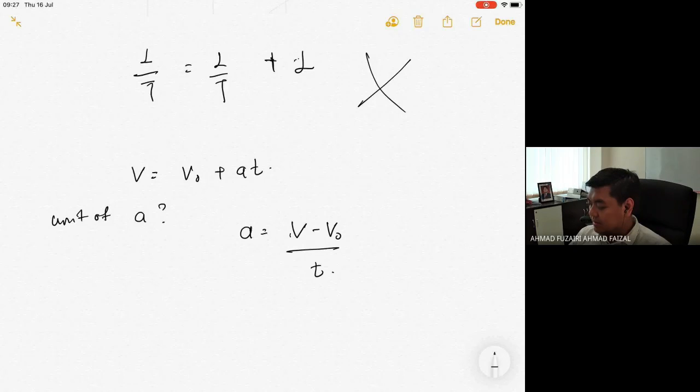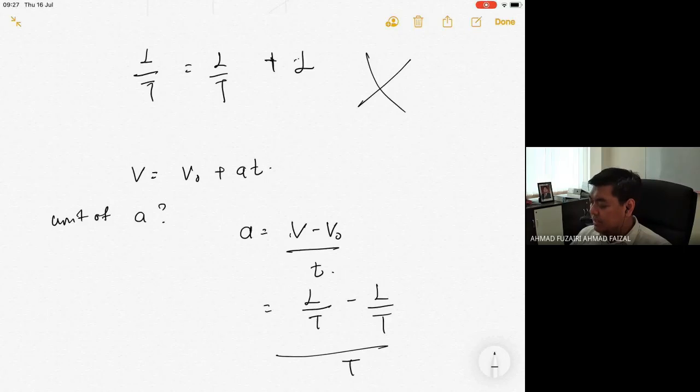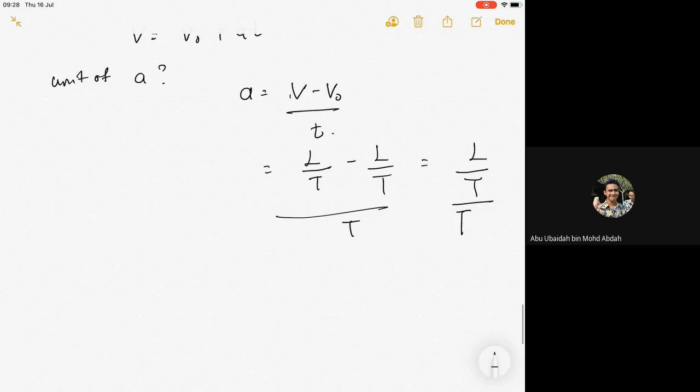Okay, so L over T. L over T tolak L over T over dengan T. So L over T ialah still dapat L over T. Maksudnya unit dia nanti kalau kita tolak pun kita still akan dapat unit dia. Bahagi dengan T lagi satu, L over T end up dia square.